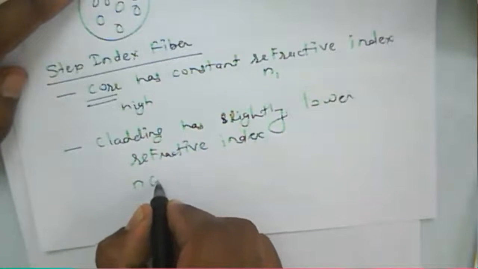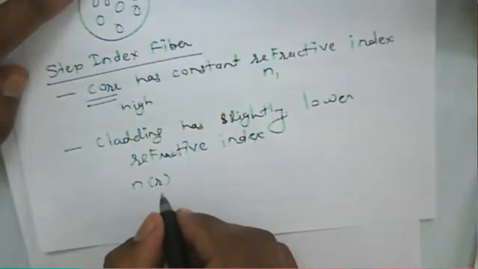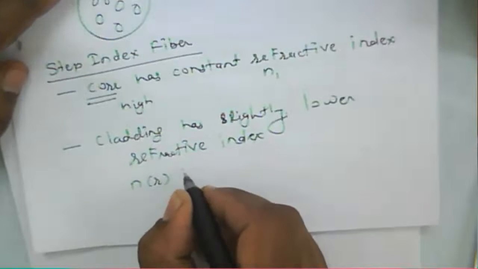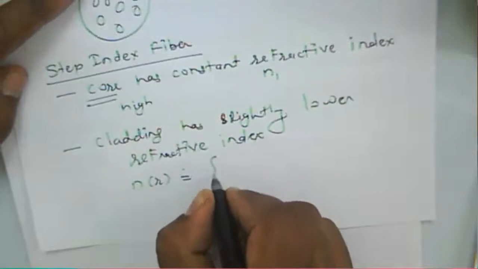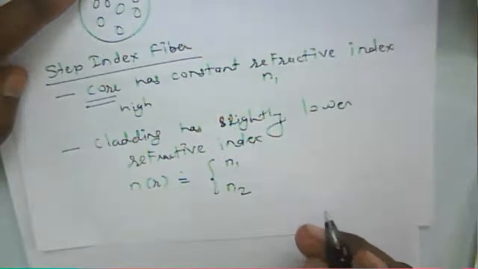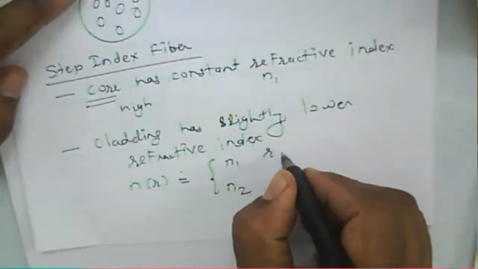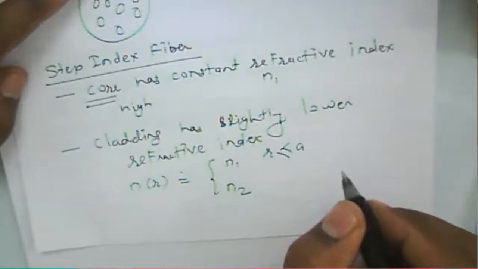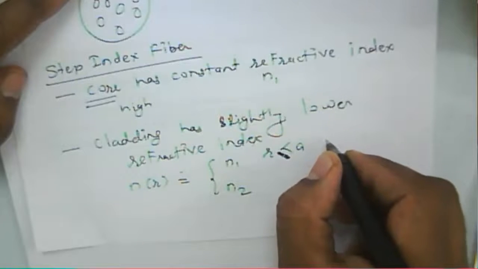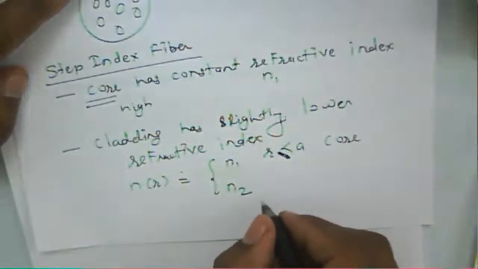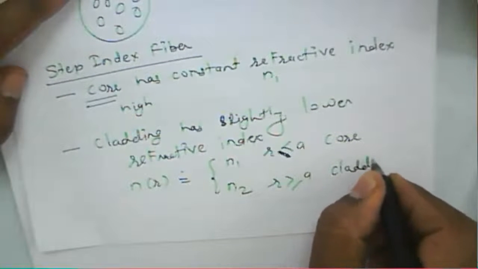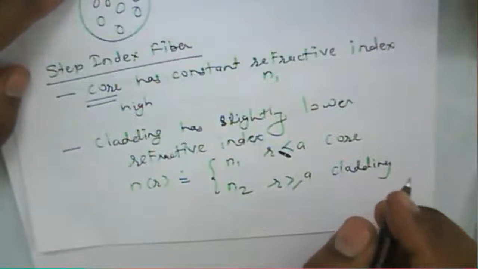So if you take a graph, or write the equation of the refractive index with respect to the radius of this fiber, n of r is equal to n1, the refractive index of the core, and n2, the refractive index of the cladding. When r is less than a, not the same, less than a, it is nothing but the core. If r is greater than or equal to a, then that region belongs to the cladding.